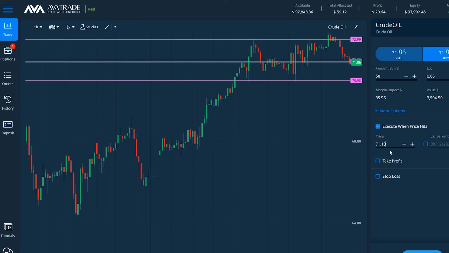So I'm buying if the price drops to 71.10. And by the way, you notice I don't have to say sell stop or sell limit or buy stop or buy limit, pending order types, which can get complicated if you're new to trading. You just tell it when you want to buy or sell from, and it makes it the right type of pending order. Very, very simple.